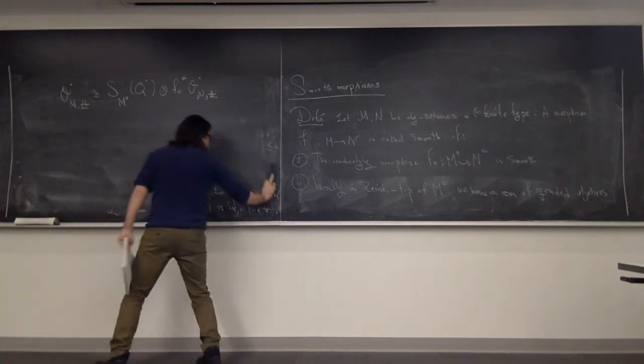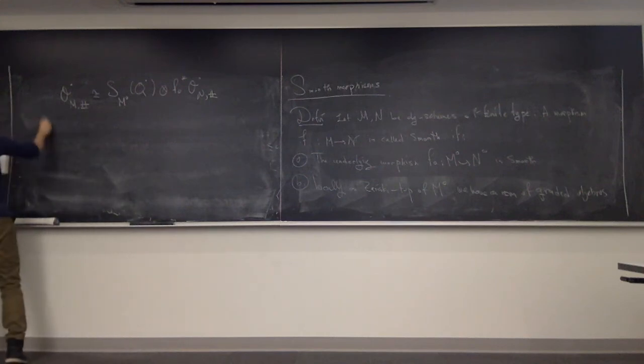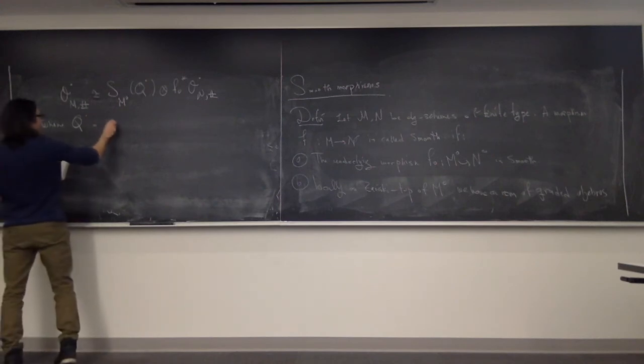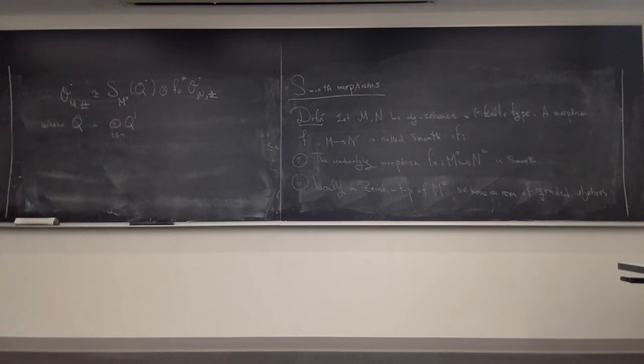Well, again, here Q dot is the sum of Qi, is a graded vector bundle.